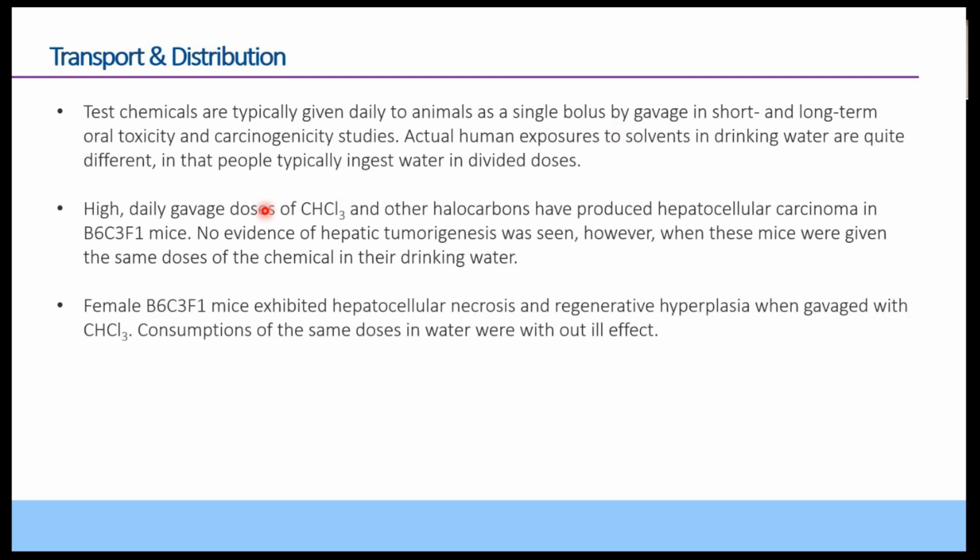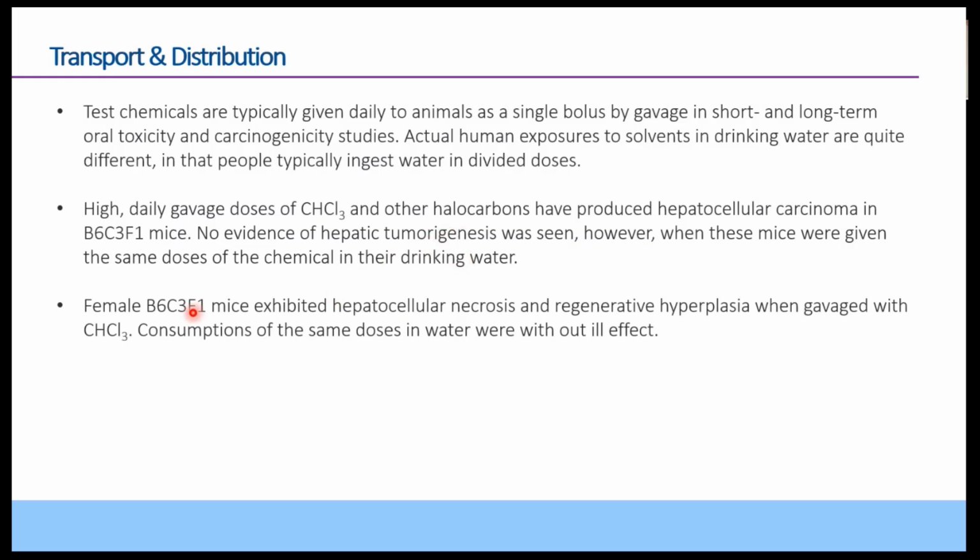So there are some examples. High daily gavage doses of chloroform and other halocarbons have produced hepatocellular carcinoma in B6C3F1 mice. No evidence of hepatic tumorigenesis was seen, however, when these mice were given the same doses of the chemical in the drinking water. So by changing the route, the effects are different.